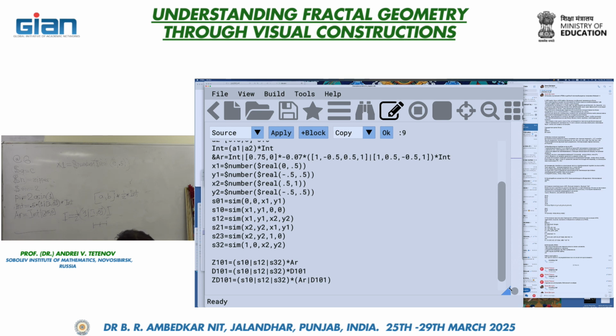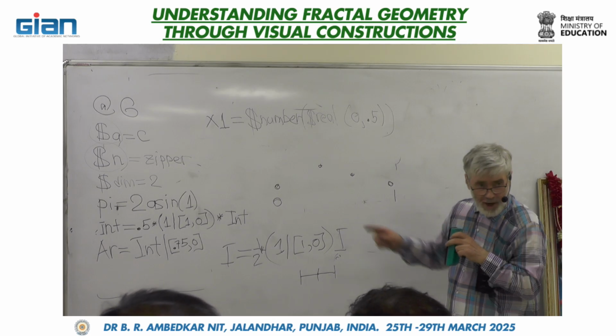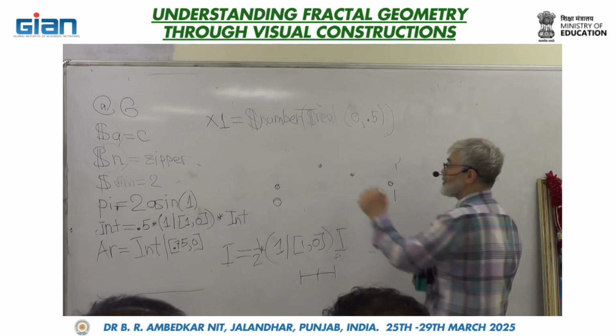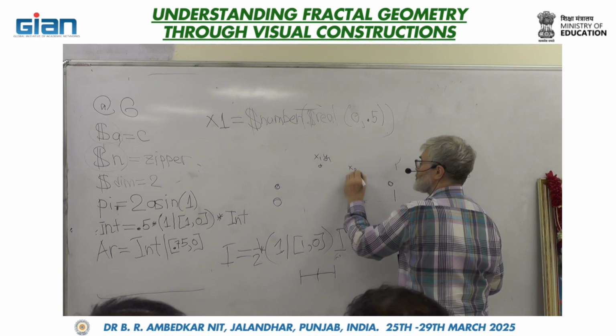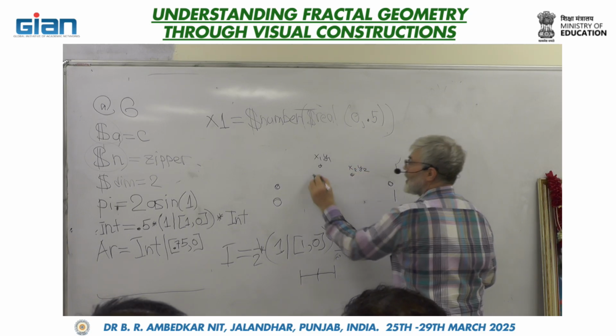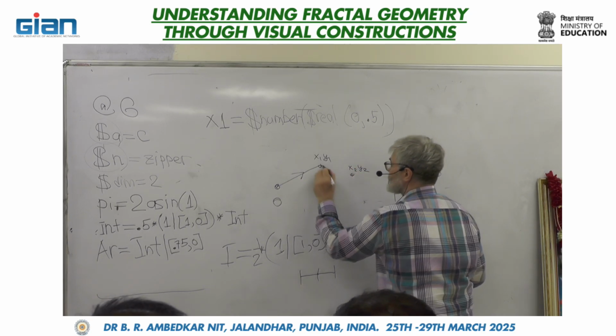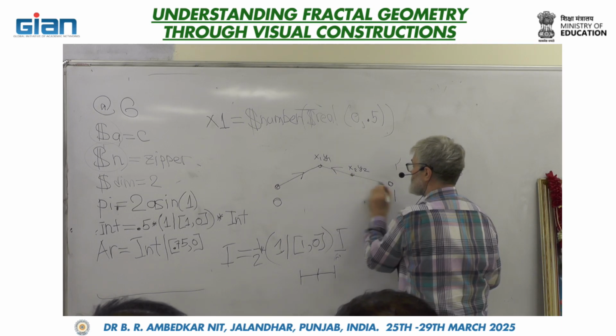What does it mean? This means the following. I have 1, 0, I have 1, and I need to define 2 points which are randomly chosen. So this point is x1, y1, and this is x2, y2. And also we have arrows defining this zipper.